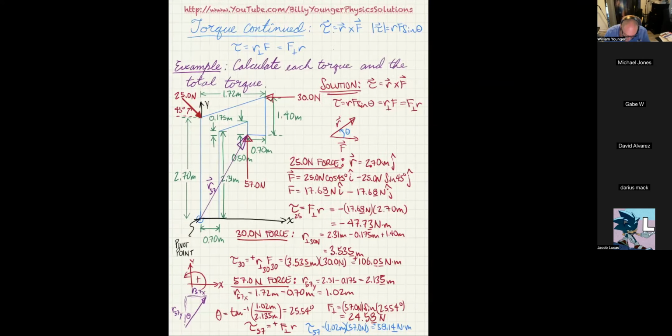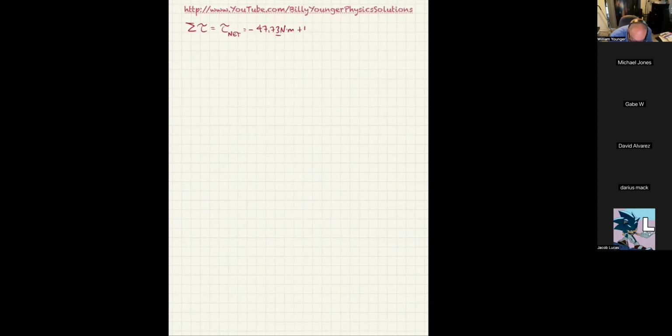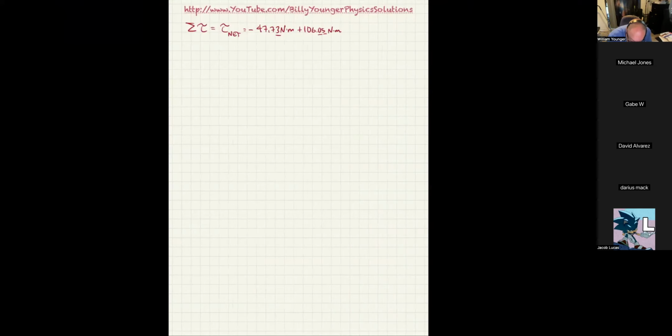Now we have the 30 Newton force and the 57 Newton force. For the 30 Newton force, we got 106.05, and that was positive. And then for the 57, we got 58.14 Newton meters for the torque.